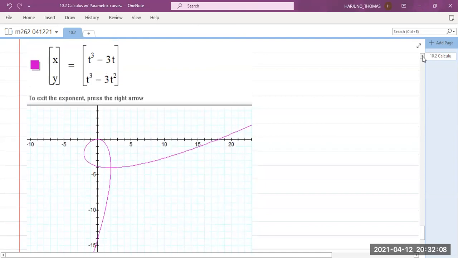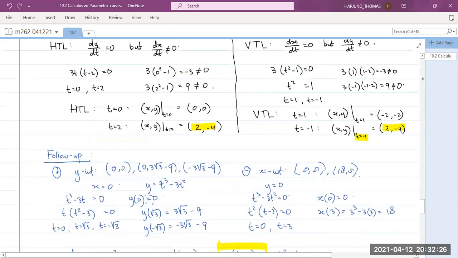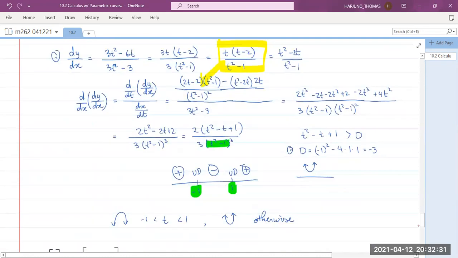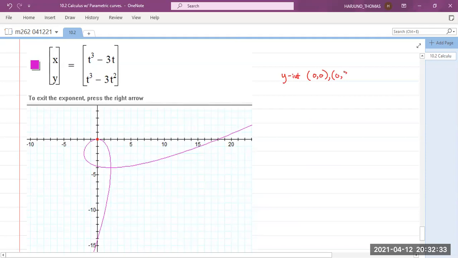There are 3 y-intercepts, right? 0, 0. And what else? 0, 3 radical 3 minus 9. And 0, negative 3 radical 3 minus 9.